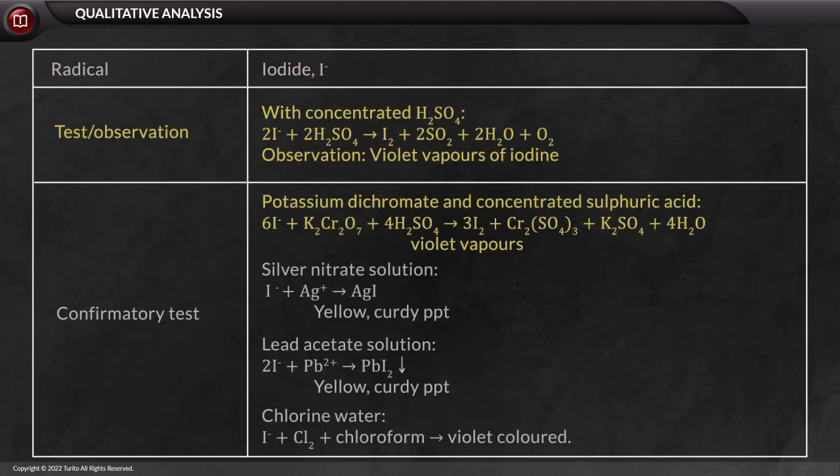Next is iodide, which with concentrated sulfuric acid, or potassium dichromate and concentrated sulfuric acid, gives violet vapors of iodine. While with silver nitrate solution or lead acetate solution, it gives a yellow, curdy precipitate. And with chlorine water in chloroform, it gives a violet color solution of iodine.